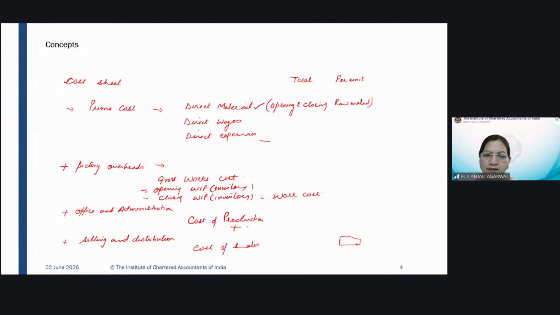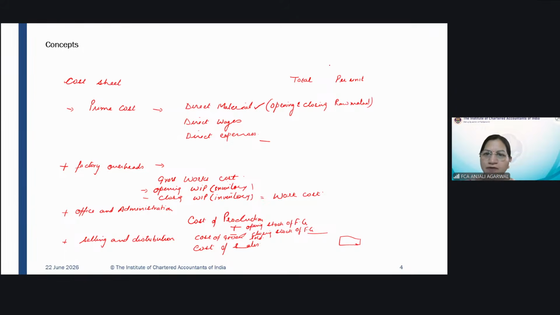To this, you add opening stock of finished goods and subtract the closing stock of finished goods. When you do this, you end up getting cost of goods sold, which is the cost of production of goods sold.